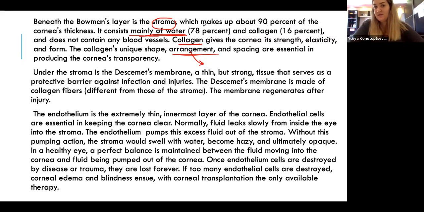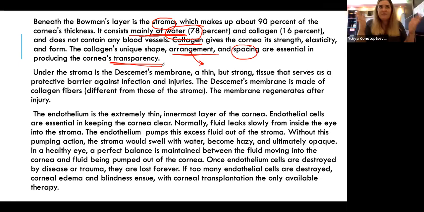Plus the water content, plus the spaces between the collagen type 1 fibers, creates the transparency that is needed for the cornea, right?